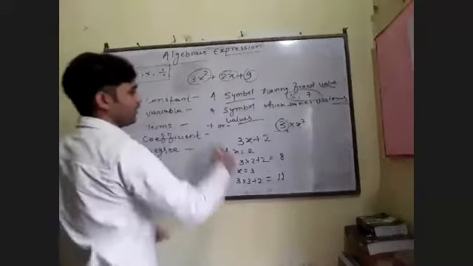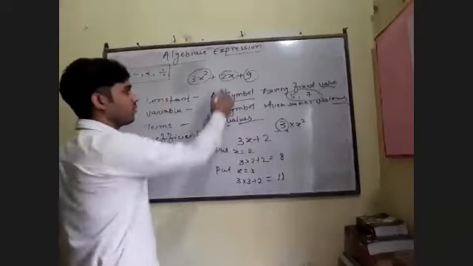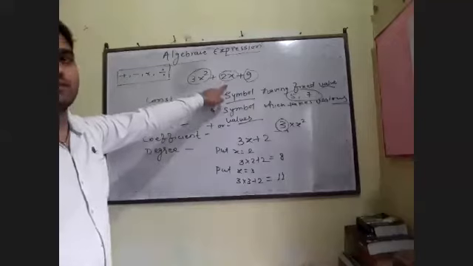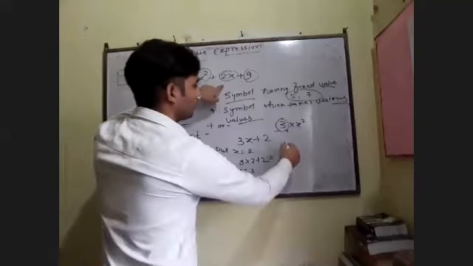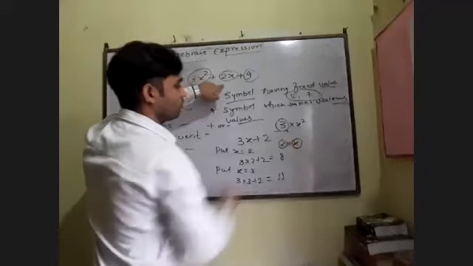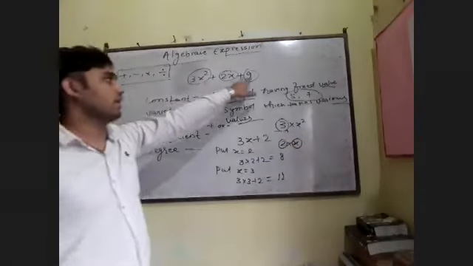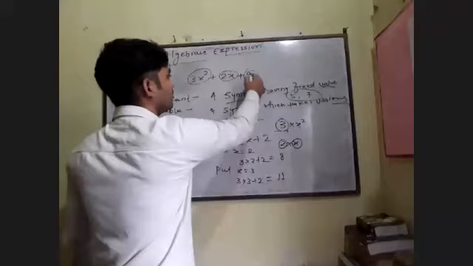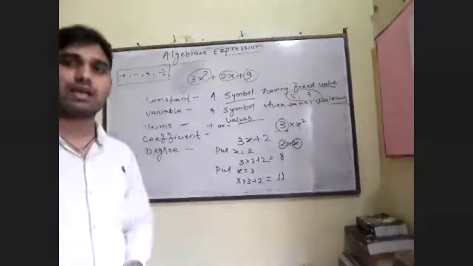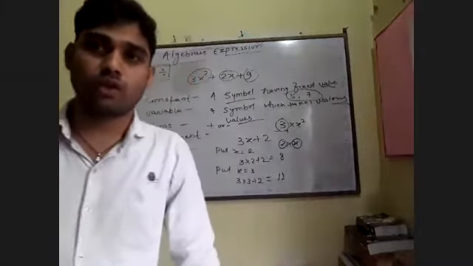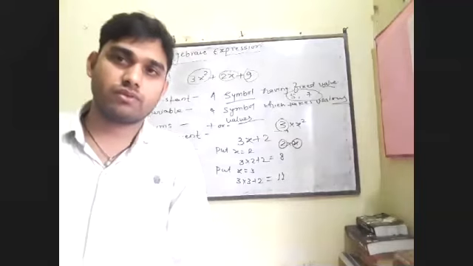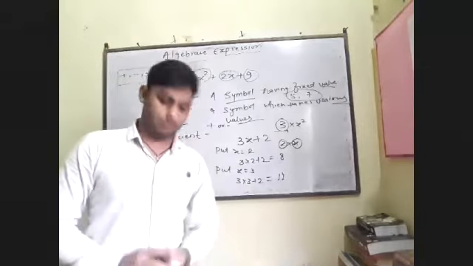So if I ask you what is the coefficient of x, the coefficient of x is what is multiplied with x, that is 2. So 2 multiplied by x, the coefficient of x is 2. Understood? Now this is the constant term. Now degree. Yes, Sibsagar, what is degree? Can anyone?